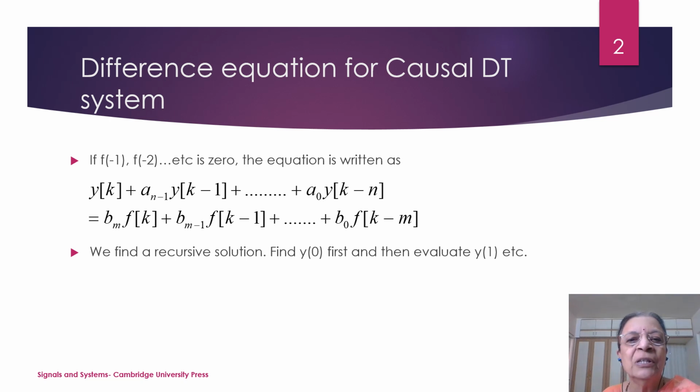Difference equation means it will have the kth sample, k minus 1 sample, k minus nth sample and so on. So this is introducing a delay of one sample. So that is called the difference equation.